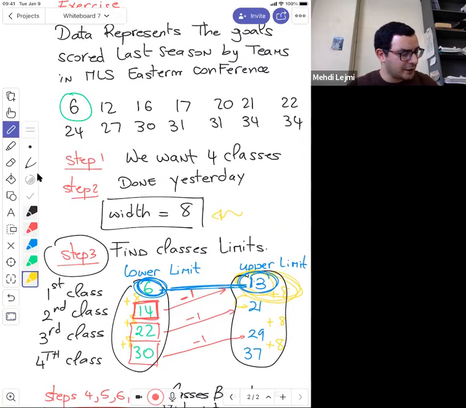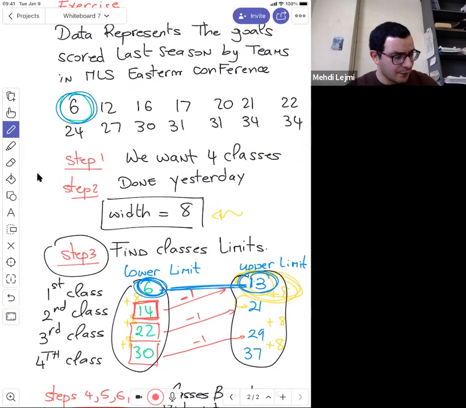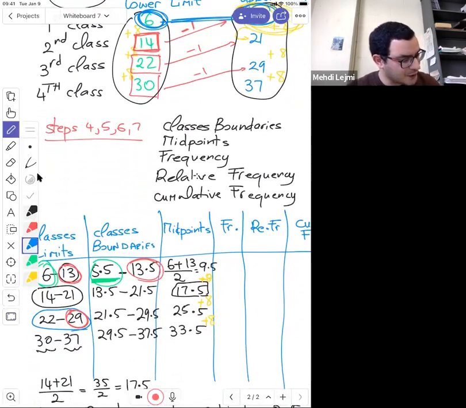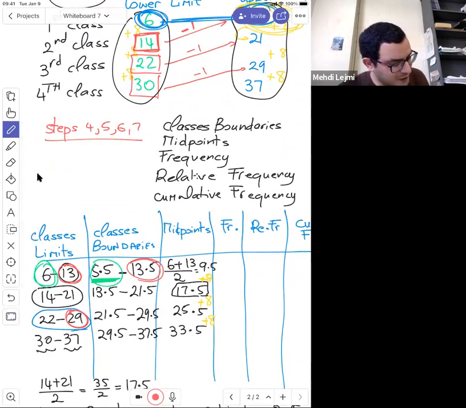So for the first class, we have 6 and 12, which is between 6 and 13. And the next number is 16, which is of course larger than 13. So we have only 2 values between 6 and 13. So the frequency of the first class is 2.